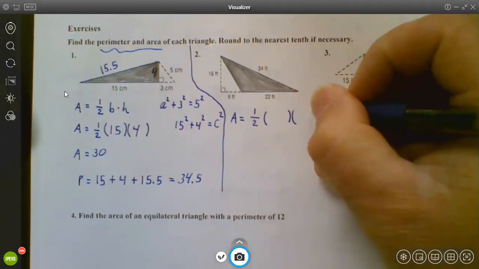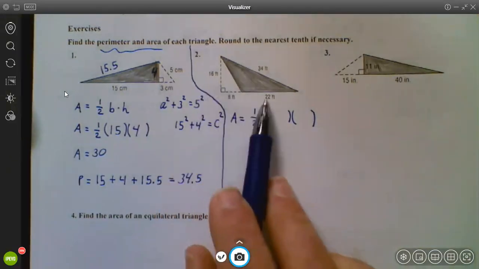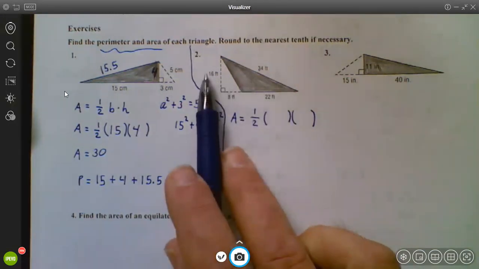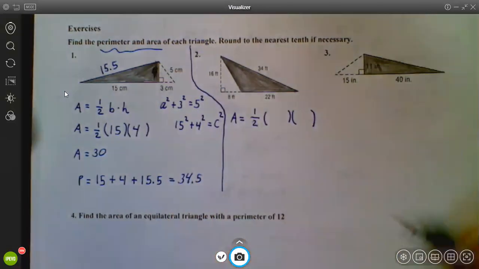Good. Yeah, so I'm looking at the 22 as my base because it's the bottom of the triangle. And I'm looking at 16 as my height because that's the guy that is perpendicular to this base.